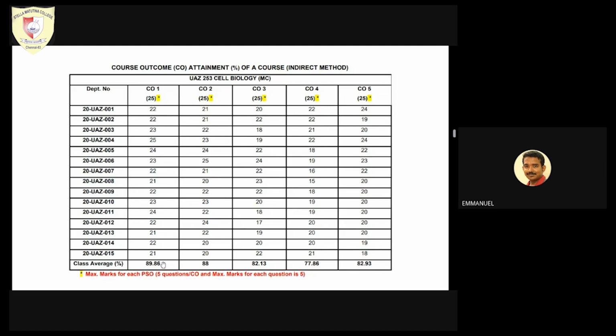From this percentage, 10 percentage has to be taken and added to 90 percentage of our direct assessment. So a total of 100 percentage will be obtained. That would be taken into account for our analysis of our entire process of the LOCF model. That is the whole thing.